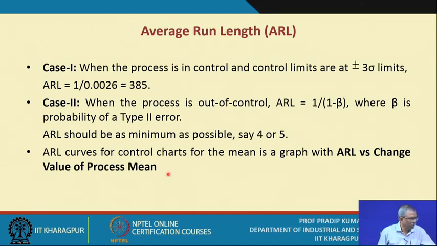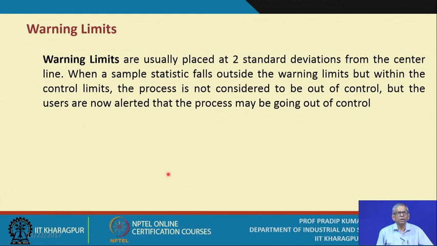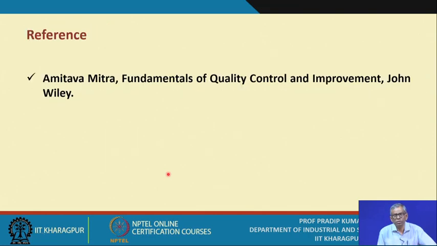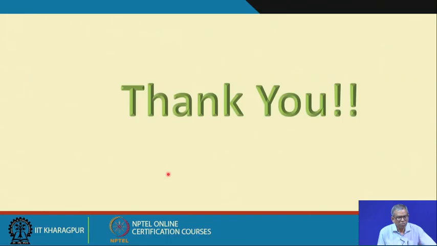Sometimes you give the warning limits, placed at plus minus 2 sigma from the center line. In order to have an online real-time control, you must place the warning limits also.